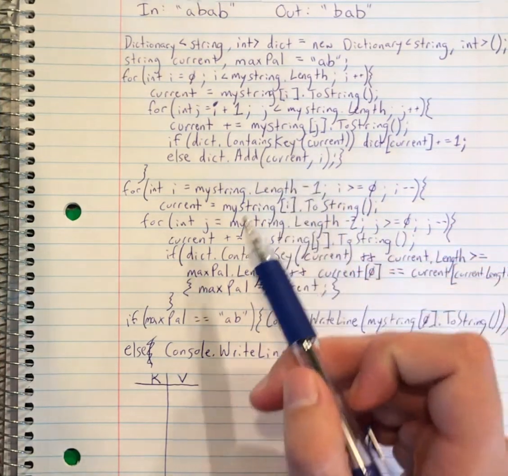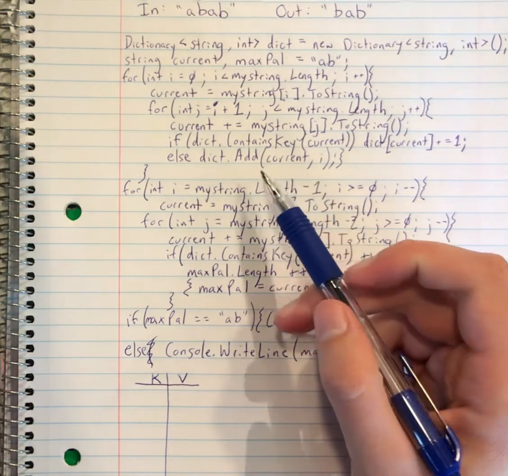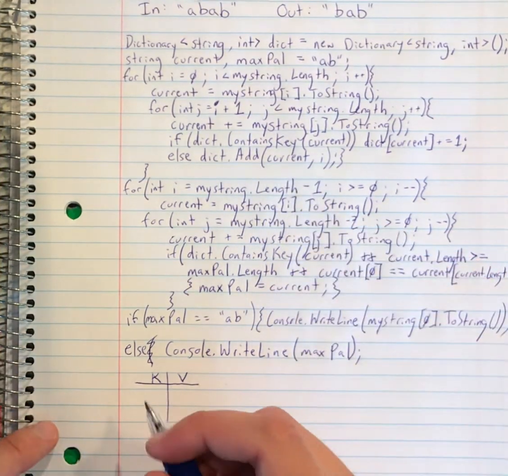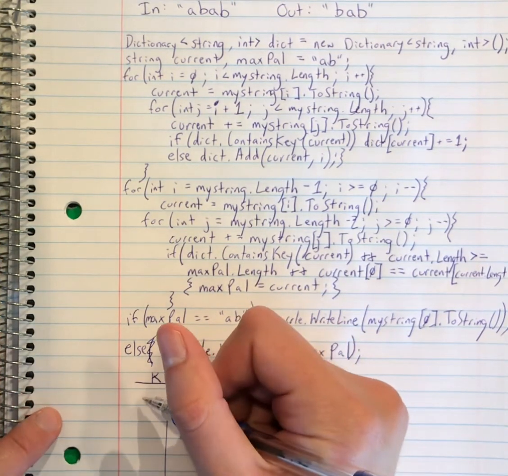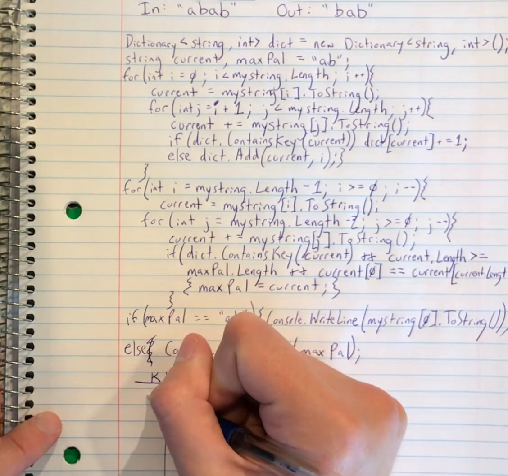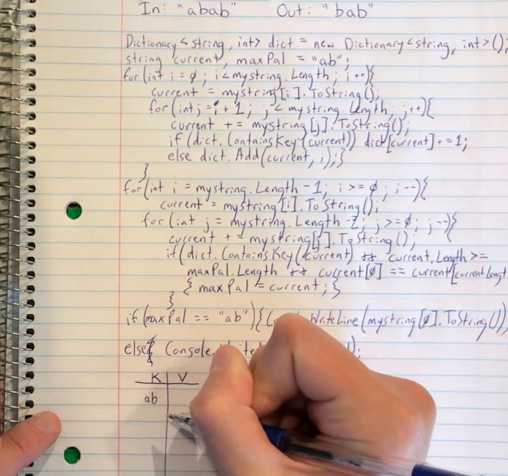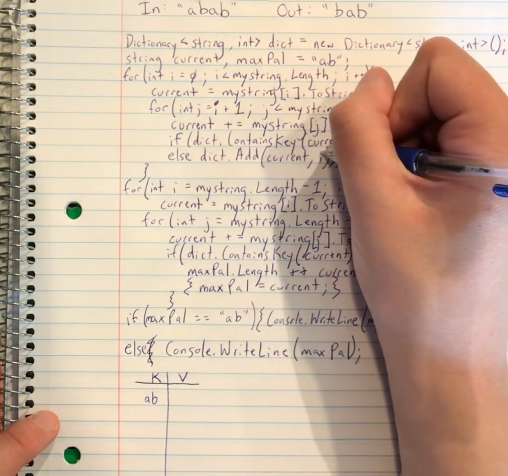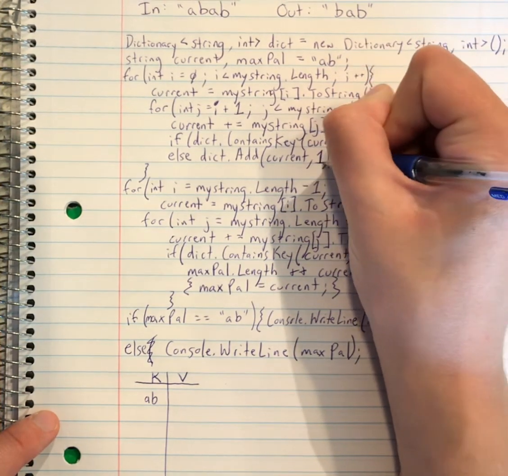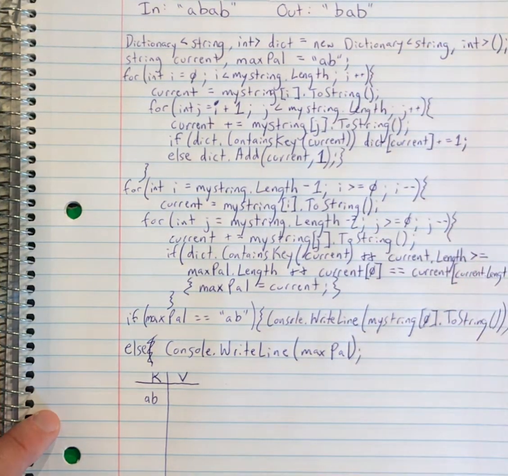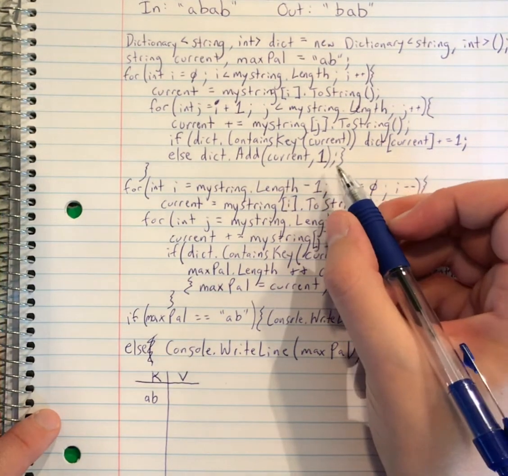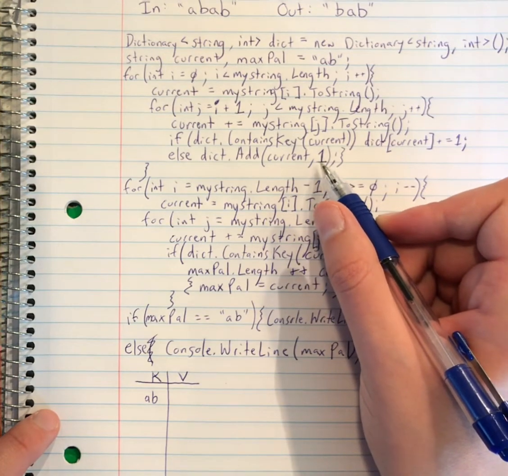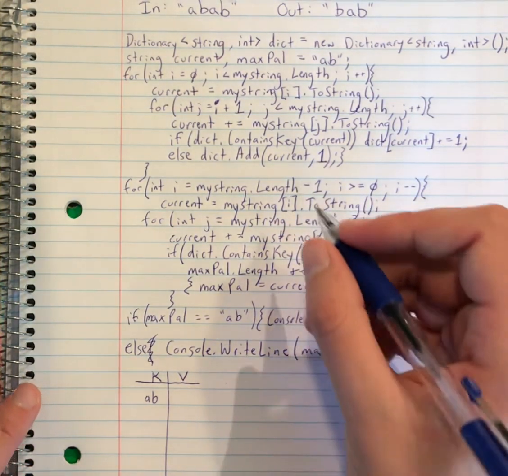If dict contains key, well, there's nothing in here, else dict.add current. So we add AB. And I'm actually gonna make this one. We need to put something in here because the dictionary needs to have 2 elements, but we don't really need the value pair for this key, ever.